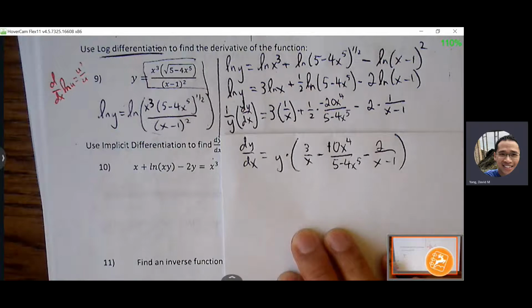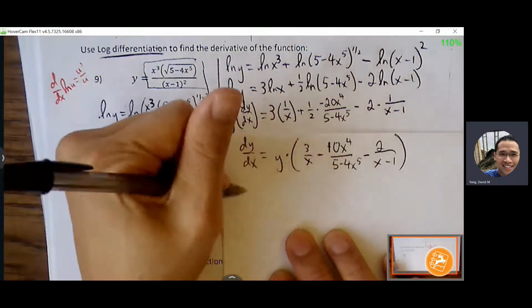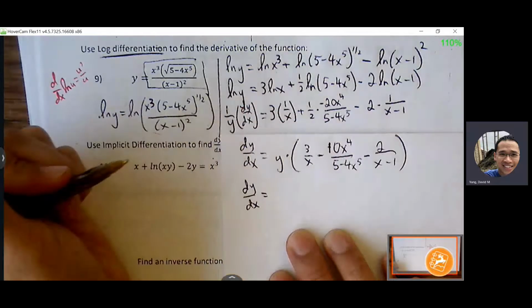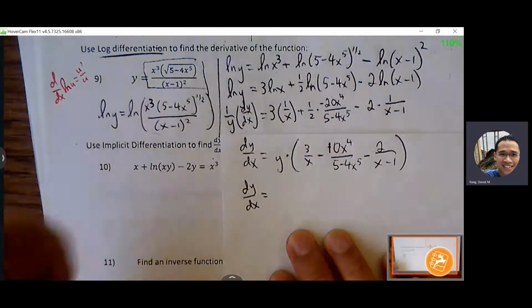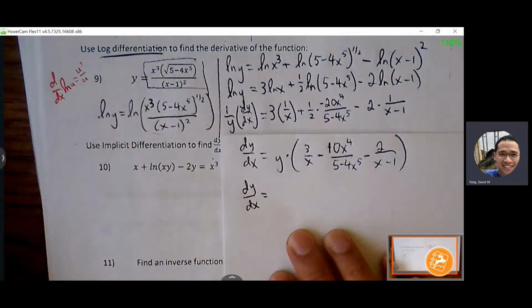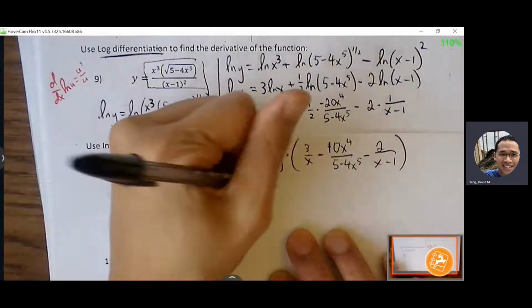With log differentiation, you're always gonna have y in the end. You gotta find a way to get your x's back, because this is not a normal implicit differentiation problem. We're using implicit to kind of do that work around so that we can do natural log problems. But in the end, it's a function, so we don't need y's in our final derivative.